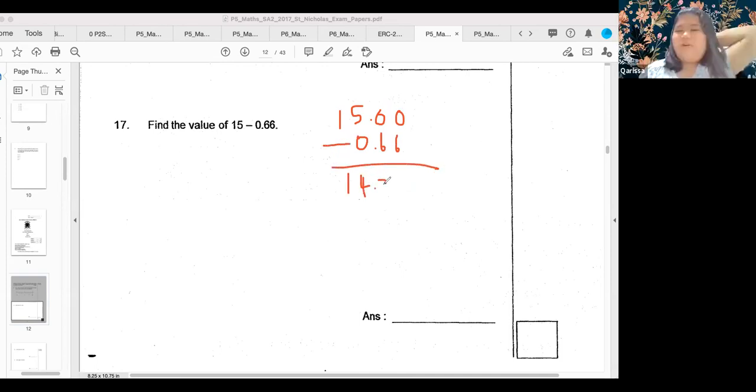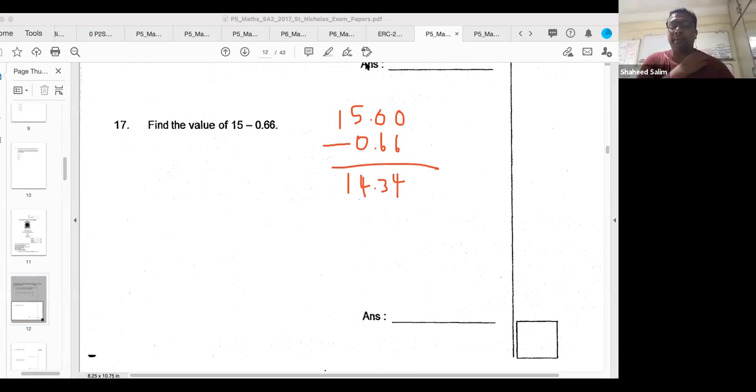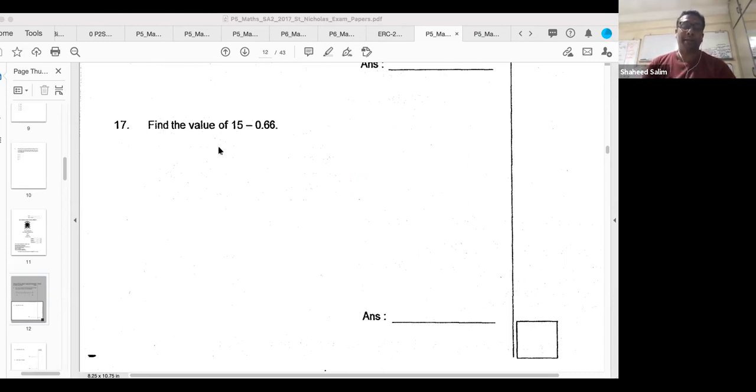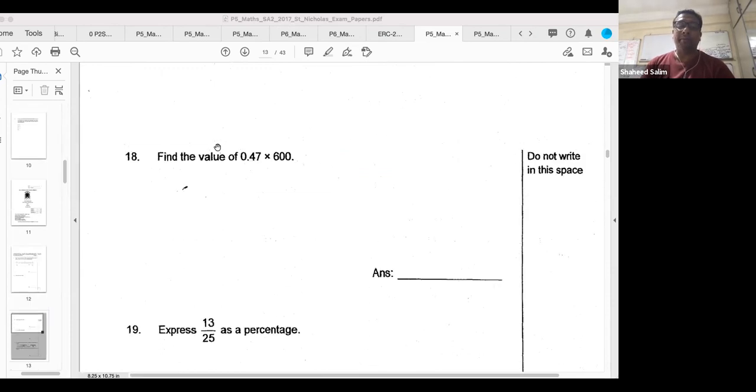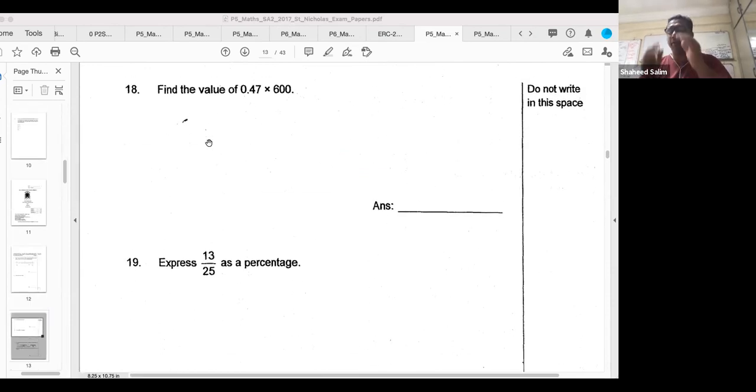Where are you drifting to, teacher? I'm not drifting away. I'm just thinking of many things. As I'm teaching, it's not only the concept. I'm looking at you guys. I'm thinking, how do I make sure that you all are focused? Because that's the most important thing. All right, we try the next one. 18 and 19.